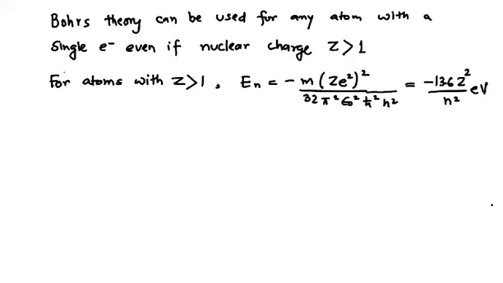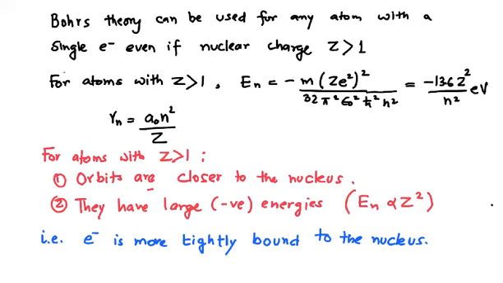Bohr's theory can be used for any atom with a single electron even if the nuclear charge is greater than 1. And for such an atom, if you don't substitute Z equals 1, we get the value of energy as minus 13.6 Z squared over n squared electron volt. And the radius for the nth orbit will be a naught n squared over Z. I told you previously that it is inversely proportional to Z, but probably I didn't give you the formula.